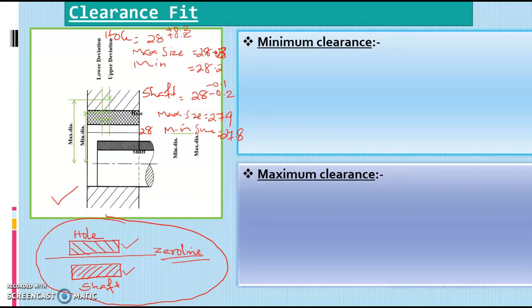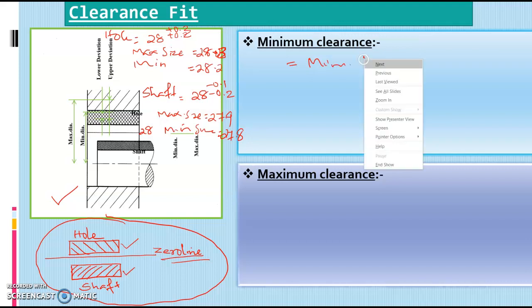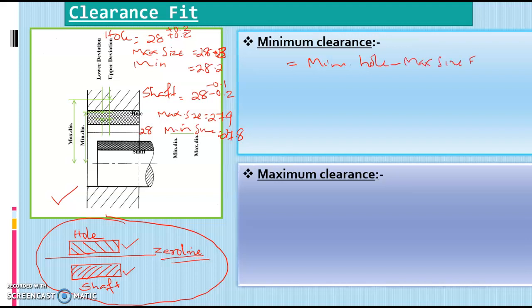So the minimum clearance is defined as the minimum size of hole minus maximum size of shaft. We know the minimum size of hole is already determined as 28.2 and the maximum size of shaft is determined as 27.9.